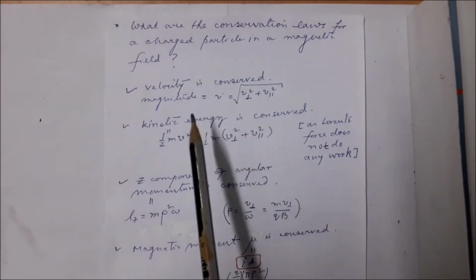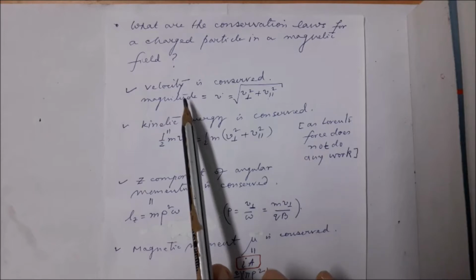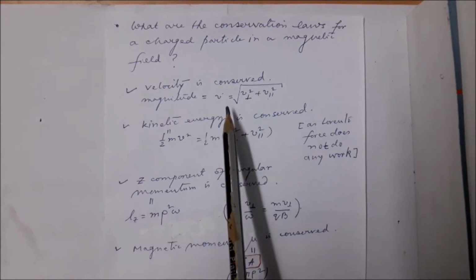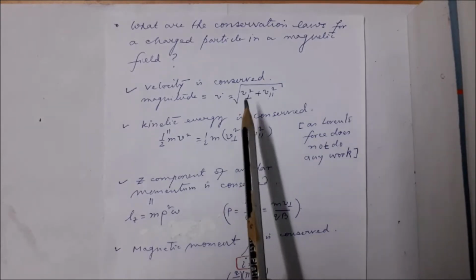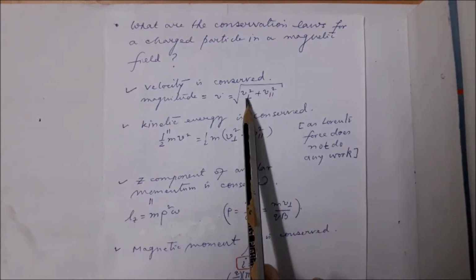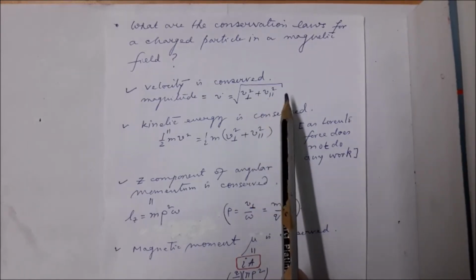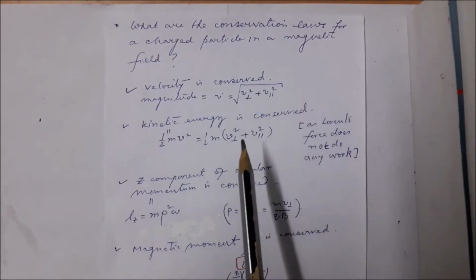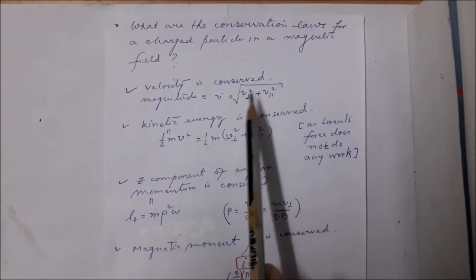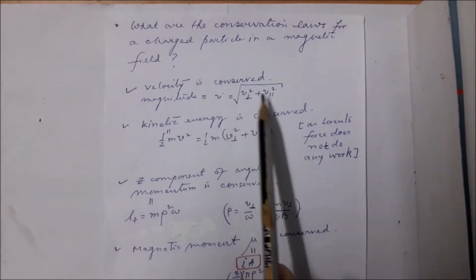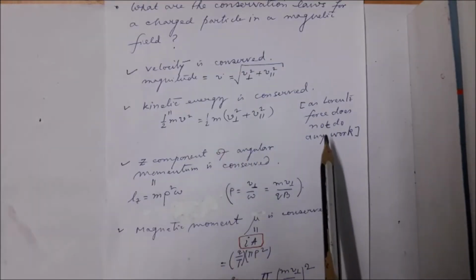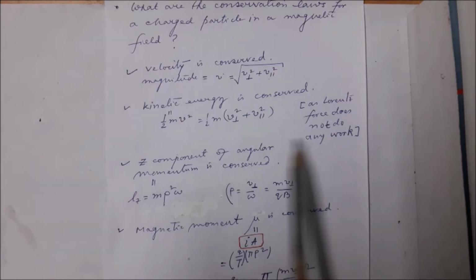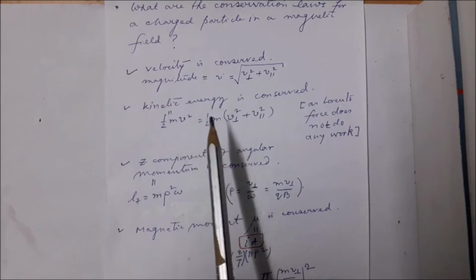We already proved that velocity magnitude is conserved, which is a combination of components of velocity perpendicular to and parallel to the magnetic field B, that is, under root V perpendicular square plus V parallel square is conserved. As the Lorentz force does no work, kinetic energy is conserved, that is, half mv square is conserved.